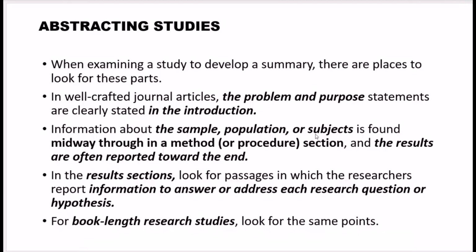If I've read 100 articles, I would have 100 abstracts, so that when I synthesize my discussion, when I start writing the literature chapter, I use these abstracts. So the process of abstracting here mainly refers to that.